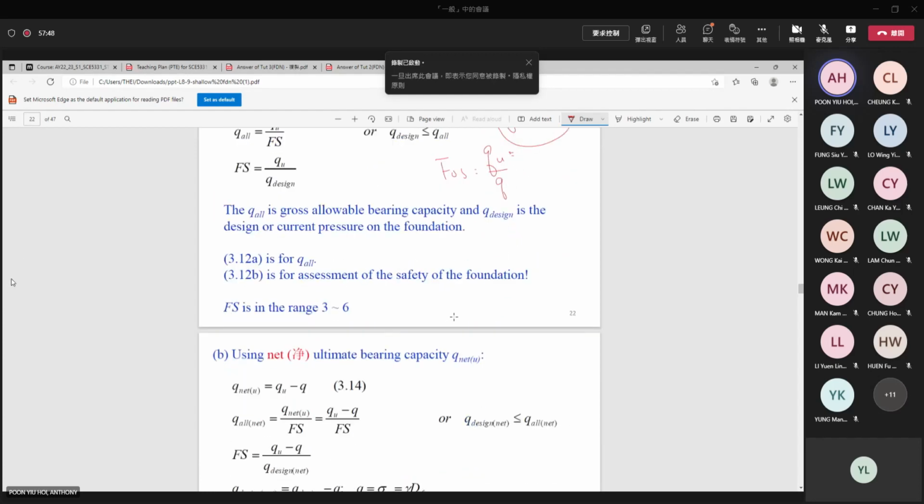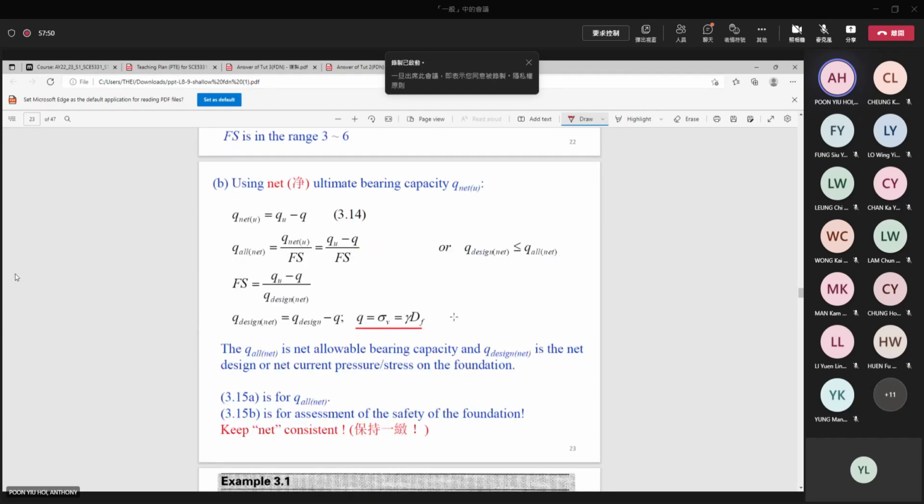However, in some cases, the foundations consist of digging into the ground, and this volume of soil is removed from the foundations. So sometimes the factor of safety is calculated based on the net bearing capacity.